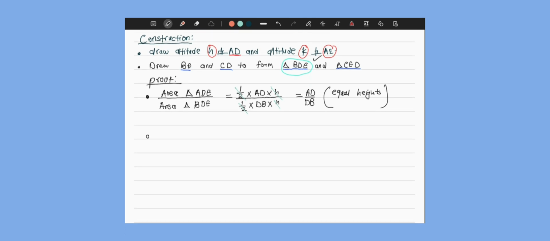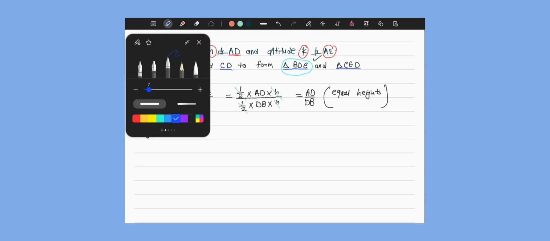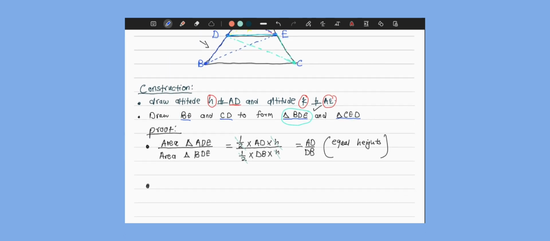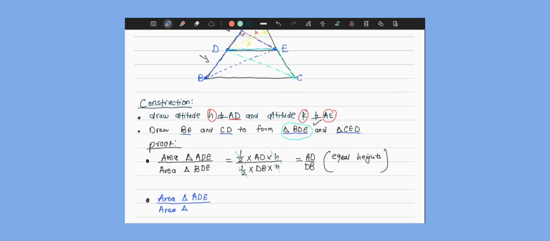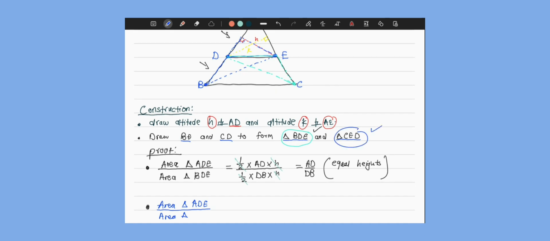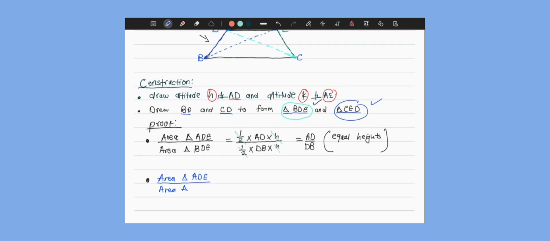So point number two. Let me use another color, which is blue. In this blue color, I'm now going to divide the area of my triangle ADE, by the area of the triangle, instead of BDE, I'm going to use this triangle CED.